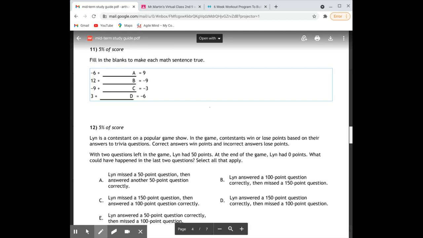All right, so what are you thinking for part A? What would you add to -6 to get to +9? Wouldn't it be like 12? I think I'm counting wrong. Let's see. 12 plus -6 would be 6.